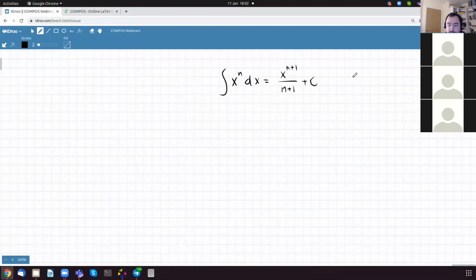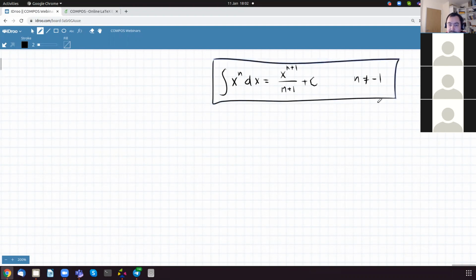But this is only true if n is not equal to -1, because if n equals -1, this is division by 0, which is impossible. Okay. And so what happens when n is -1?